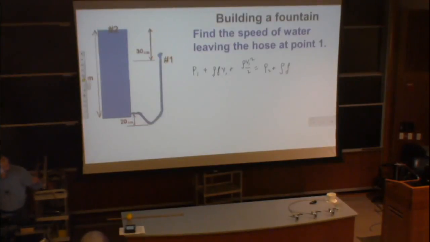Surface number 1 is also open to the atmosphere. So what does it tell us about the pressure? If a surface is open to the atmosphere, the pressure is supposed to be just atmospheric.